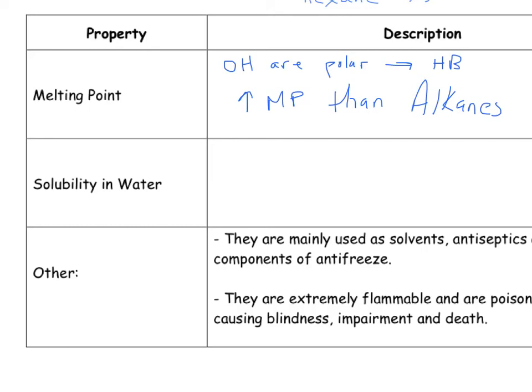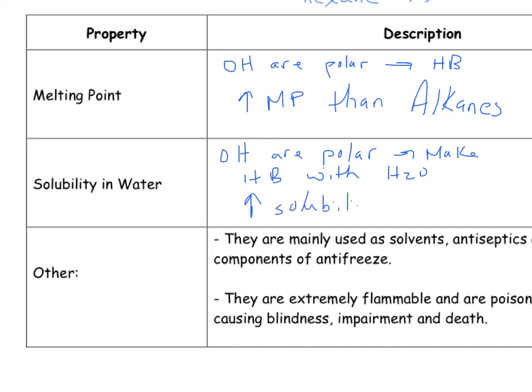For solubility in water, the OHs are polar and allow an alcohol to make hydrogen bonds with water. This gives it a higher solubility than alkanes.